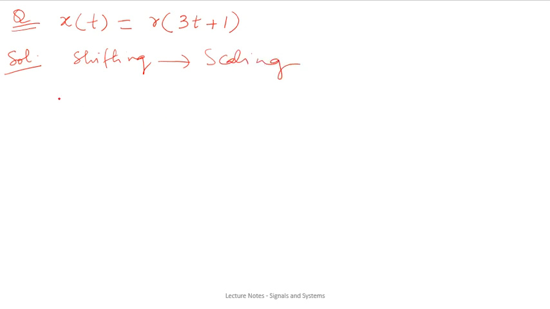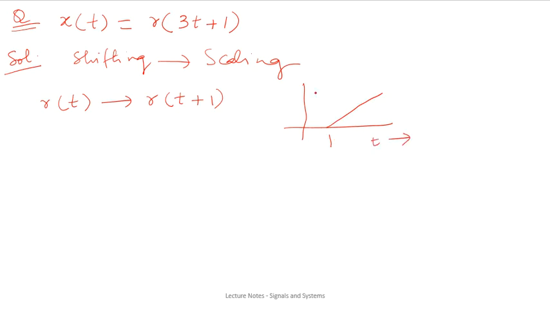So in this problem, first we have to do shifting. That means from r(t) you first have to obtain the shifted version of it, and the shifting factor is plus 1. So r(t + 1) will simply be a shifted ramp signal.